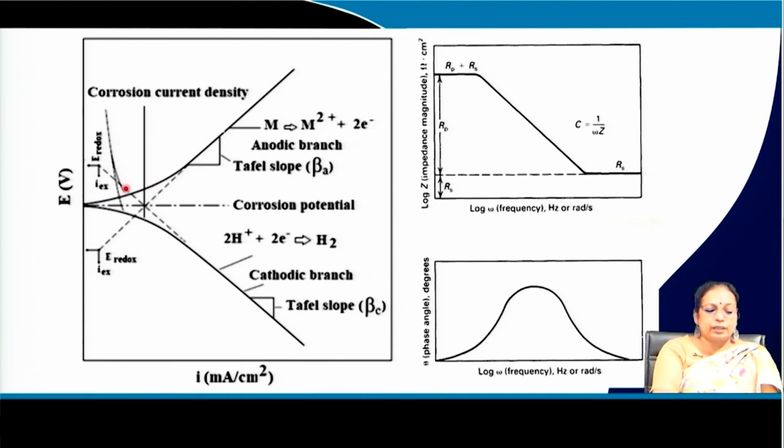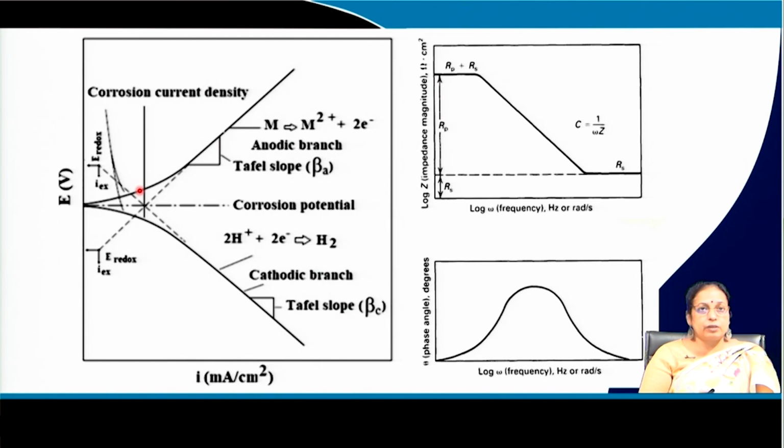So, what usually happens is that whenever corrosion starts, there is formation of a very thin oxide film. If the oxide film is highly protective in nature, then you will find that as soon as the surface is covered with the oxide film, there would not be any corrosion.